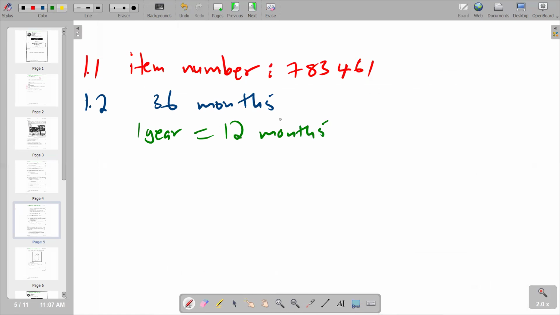To convert our 36 months to years, we divide 36 by 12. If we divide by 12, the number of years we get is 3 years. So we have 3 years as our response. We should move on to the next question.